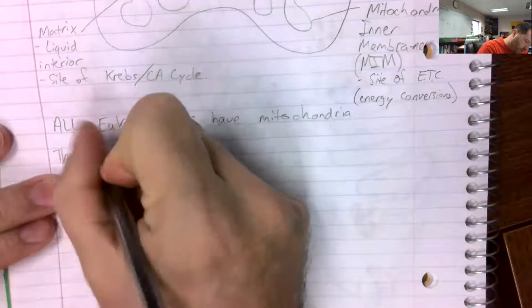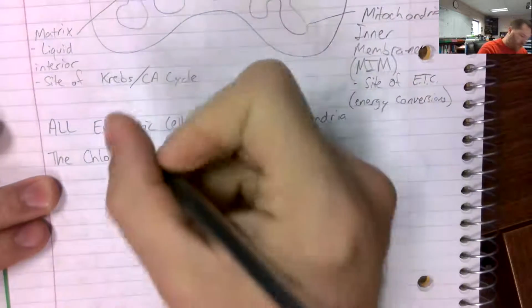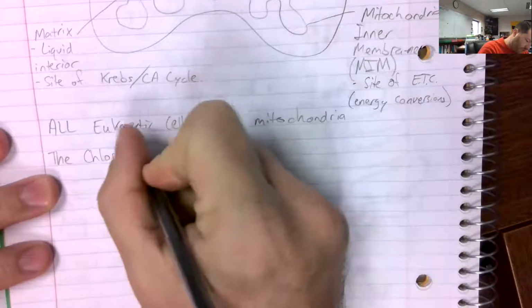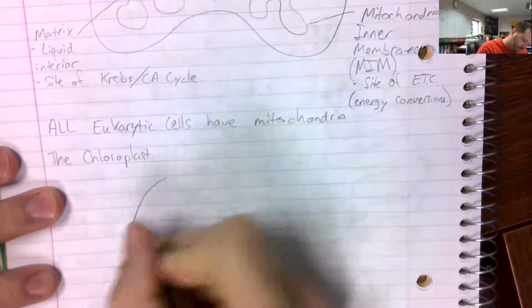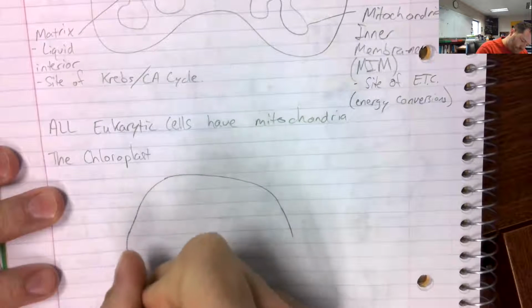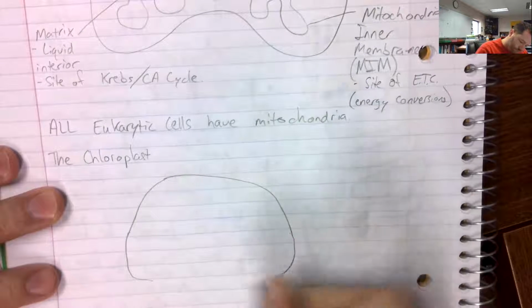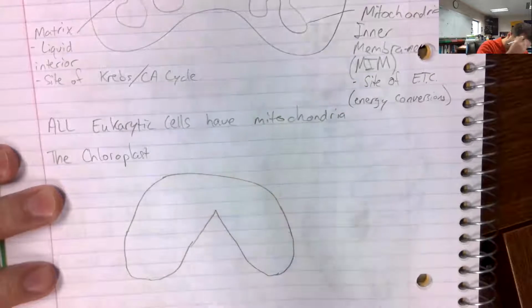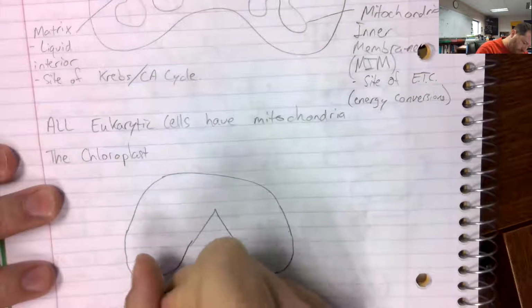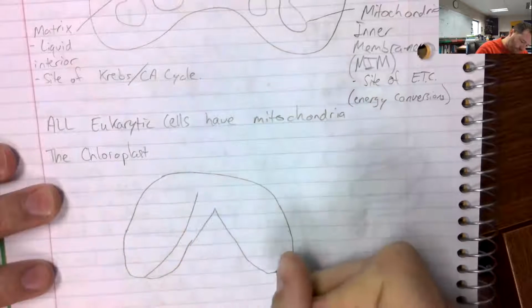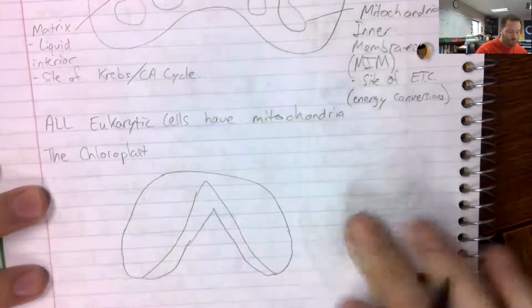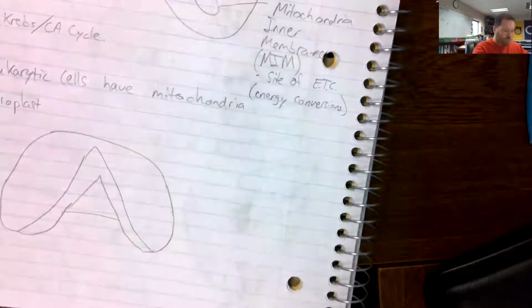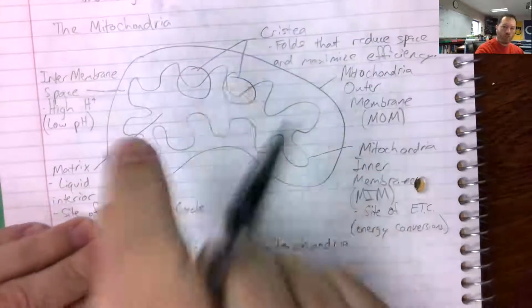And that brings us to our second energy conversion organelle, the chloroplast. All right, so our mitochondria up here, it's kind of like we took our mitochondria, sliced off the top and we're looking down into it.